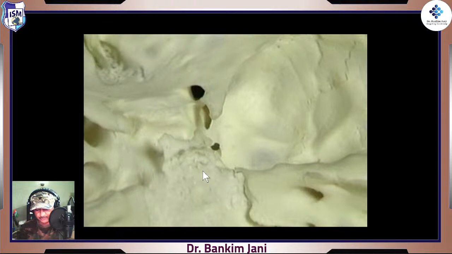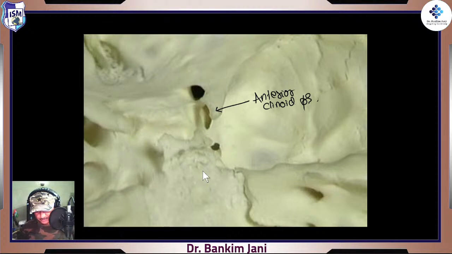Just orient yourself that what exactly are you watching, right? The easiest structures first, something which is instantly identifiable. This one, right? See this one, the shape, yeah, that is anterior clinoid process, right? So this is anterior clinoid process.